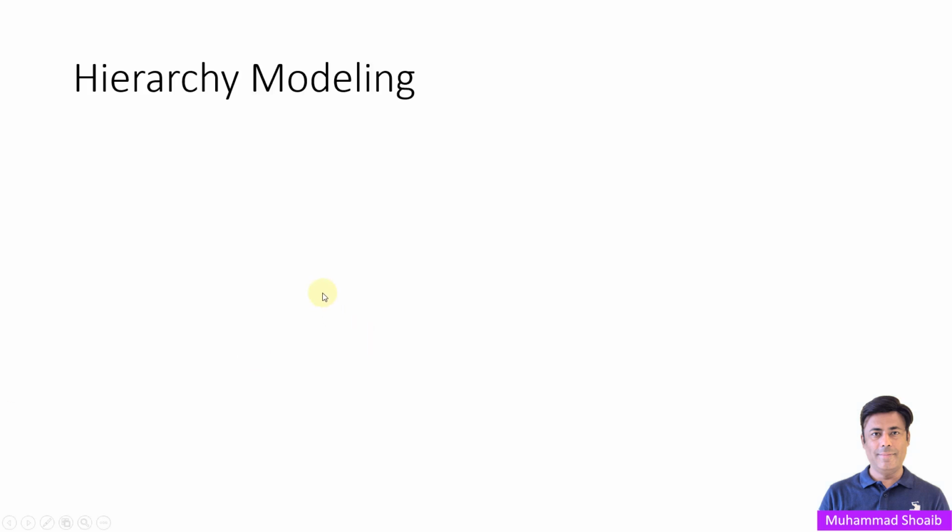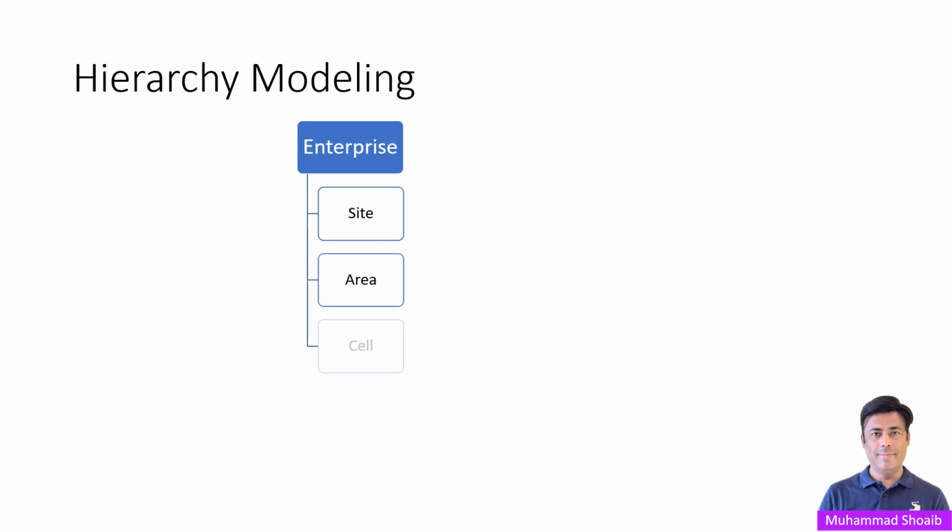So let's understand this equipment hierarchy in more detail. As per the ISA 95 standard, the top of the hierarchy is the enterprise. The second hierarchy level is the site, then area, then cell, and then unit.